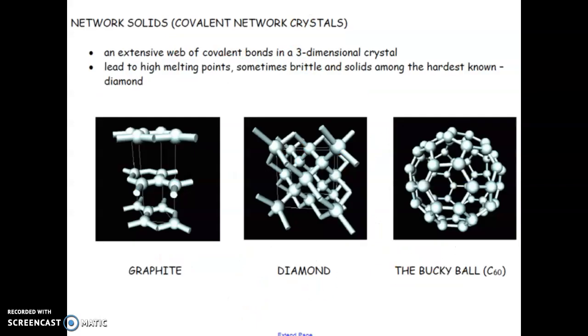And the last type of solid is known as a network solid. So these are covalent structures, meaning these are still composed of non-metals, but these are a little bit more unique. These are non-metals that when they come together to form a solid, they create a specific pattern to how the atoms are interconnected or interacting, I should say.